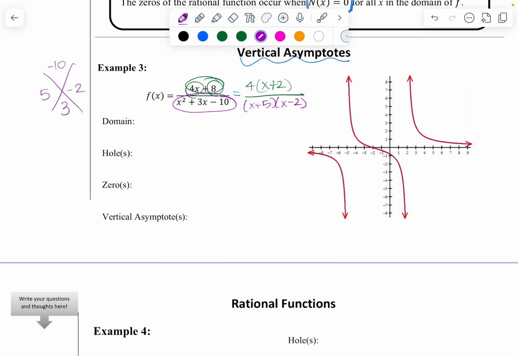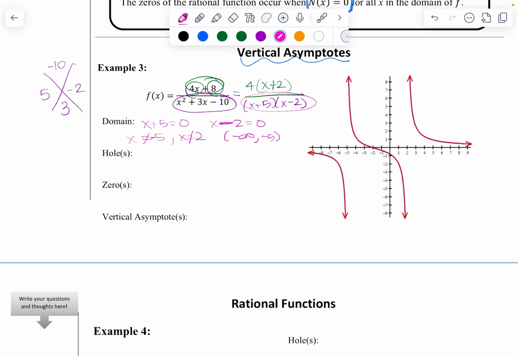Okay, so again, with the domain, we're going to set the denominator equal to 0. So, okay, x plus 5 equals 0 and x minus 2 equals 0. Therefore, we know x equals negative 5 would make it equal 0, and x equals 2 would make it equal 0. So we don't want that. And we say it's from the interval of negative infinity to, what is this?